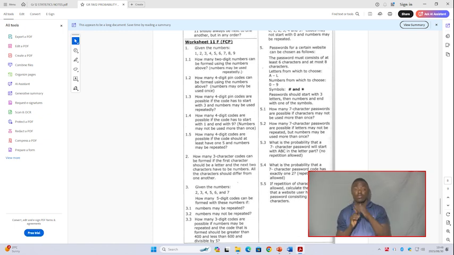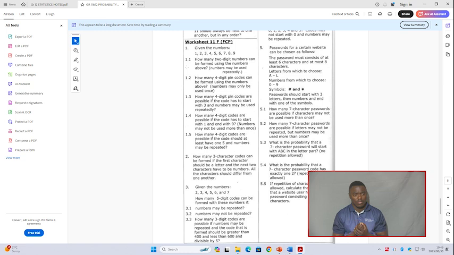Numbers may be used repeatedly. 2-digit numbers. How many numbers are there? 9. So if it's a 2-digit, in the first block, I can put 9. In the second block, again 9. Correct. So for 1.1, it's 9 times 9. Correct. I said you must do it, and then I've already done it.